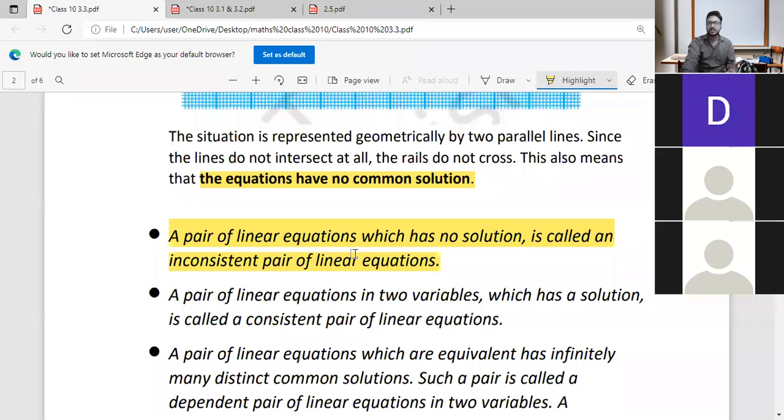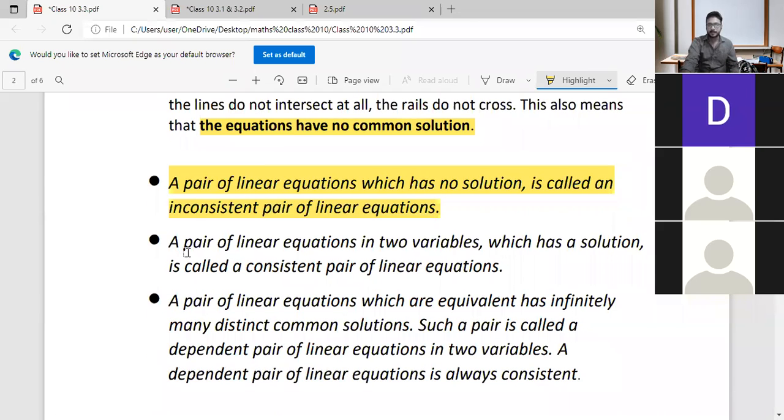But these two linear equations have no solution at all. Because they are unstable, we say it is an inconsistent pair of linear equations. And the next case is a pair of linear equations in two variables which has a solution, called a consistent pair of linear equations.